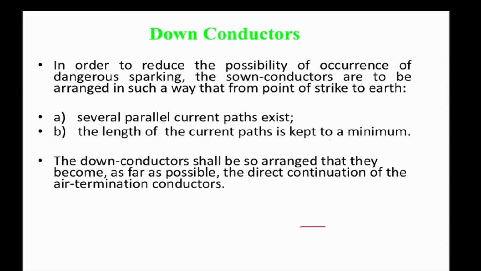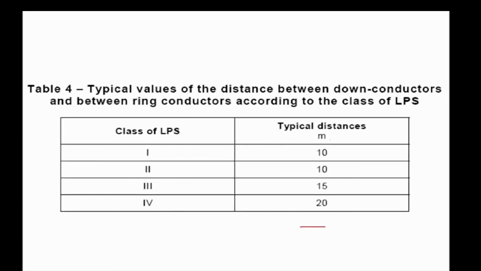Don't make it go through a bent route with a lot of bends and changes of direction. And also, as far as possible, try to get the down conductors as a direct continuation of the air termination system. And then the standards give the optimum separation between down conductors.